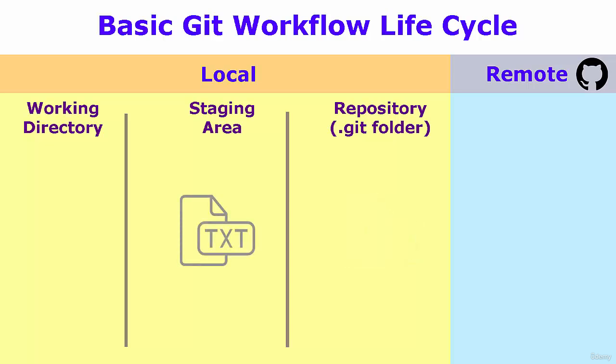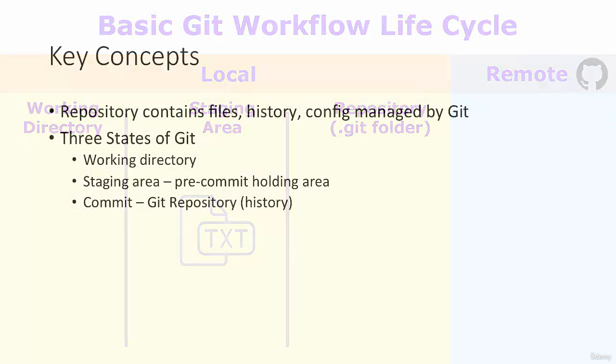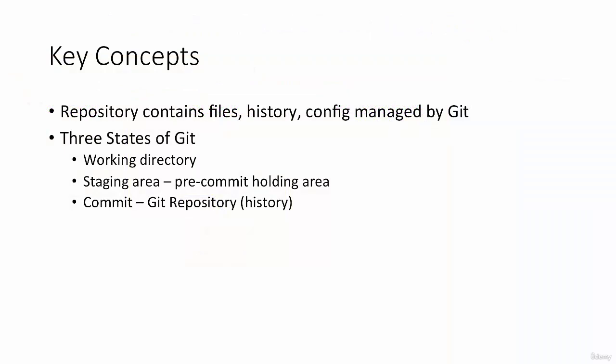In between is the Git staging area, often referred to as the Git index. That is a holding area for queuing up changes for the next commit. Since files in the staging area haven't been committed yet, you can move the files in and out of the staging area without impacting the Git repository and its history of changes.